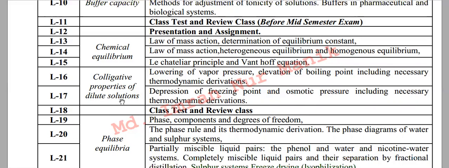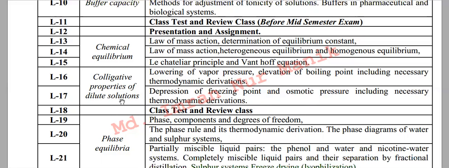Suppose you are boiling pure water, it will boil at 100 degrees Celsius. But if you add some salt or some sugar in the water, it will not boil at 100 degrees Celsius. Then you have to increase the temperature, because after adding the sugar or salt in the water, the sugar molecules and the salt molecules will also have to be heated, and they will also take part in the boiling process.